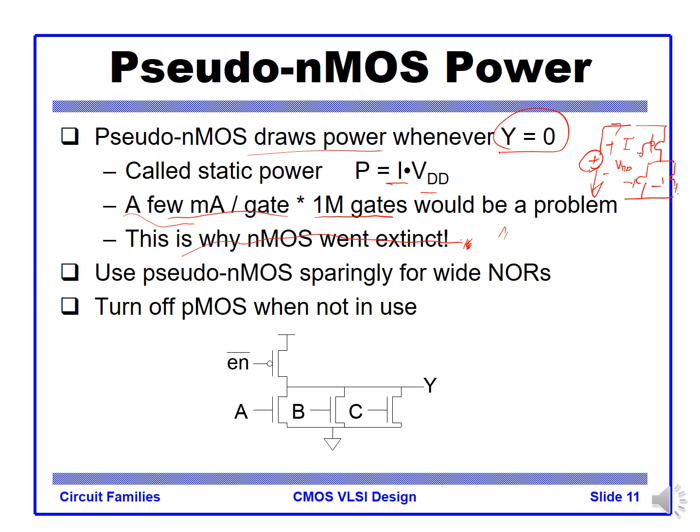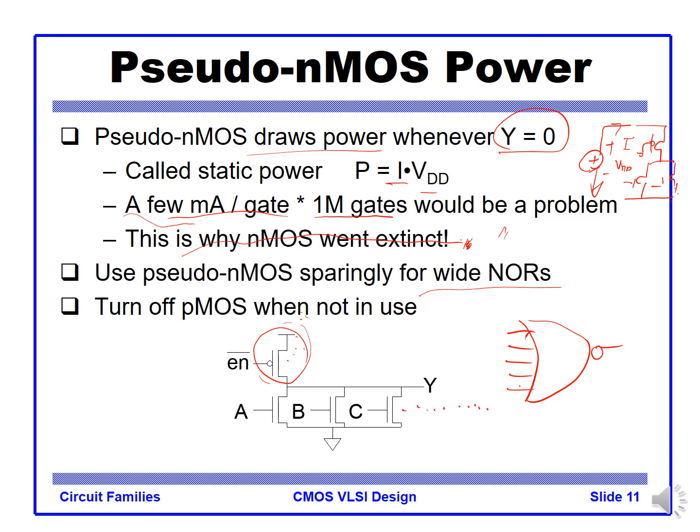The only exceptional case where we use it is the many fan-in, multiple input NOR gate. In this case, if you were to make it like a standard CMOS, you would have to stack many of them, right? So we use a single PMOS pull up and then put as many NMOS as inputs here.